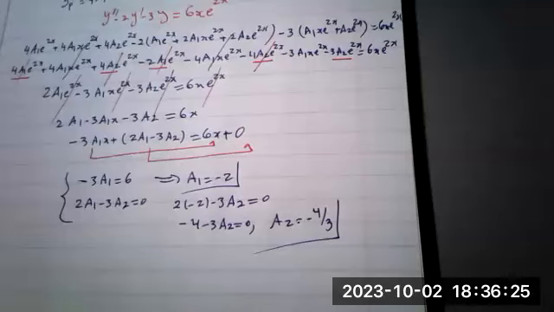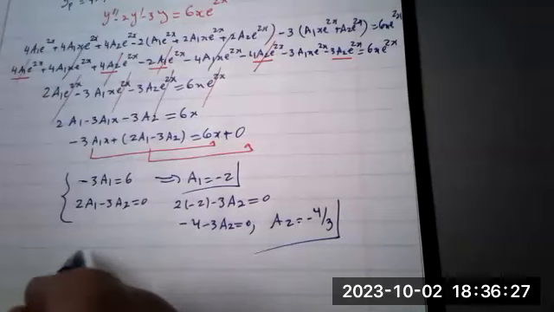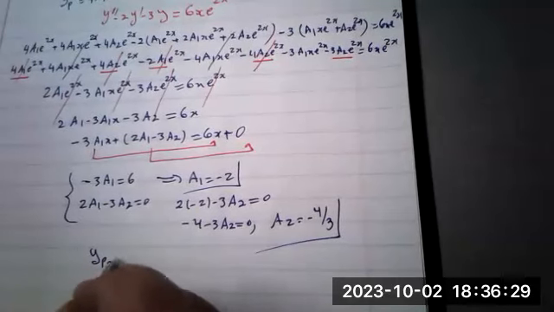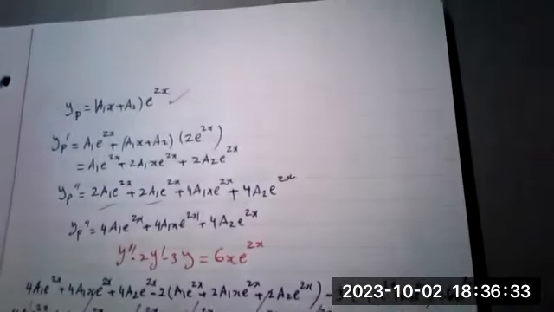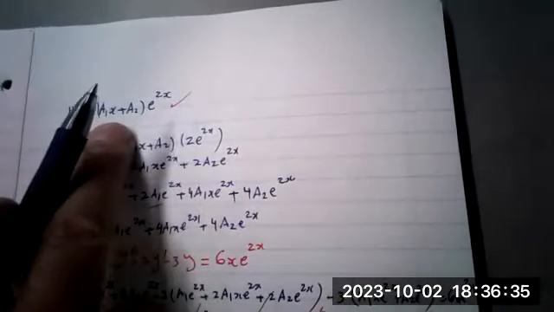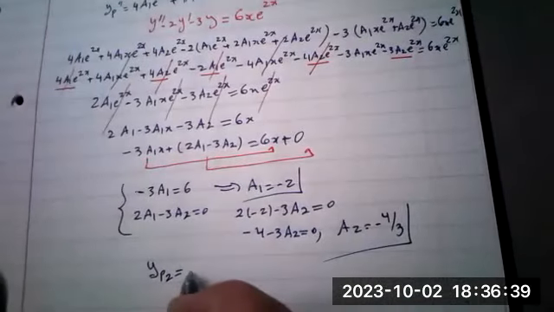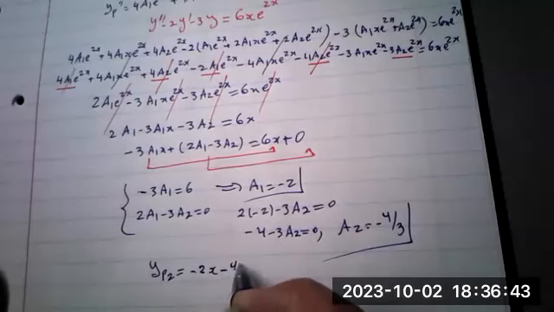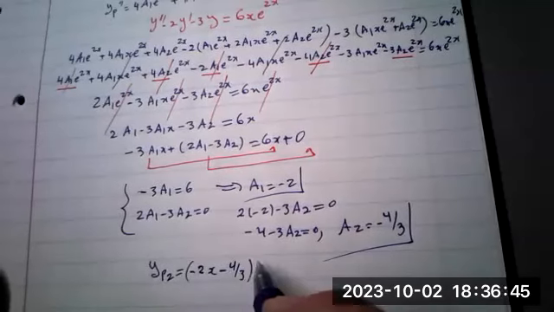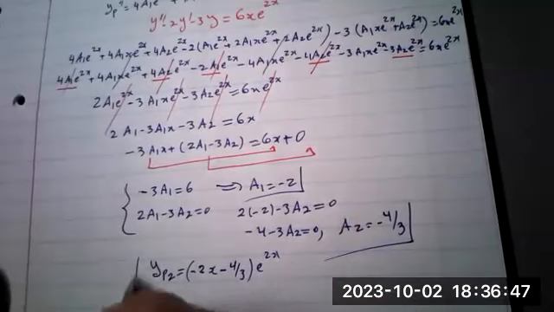Okay, there you are. So we get the yp2. Remember this is yp2. So we get the a1 of negative 2. So it's going to be negative 2x minus 4/3, times e to the 2x.